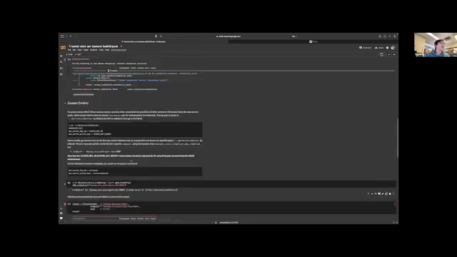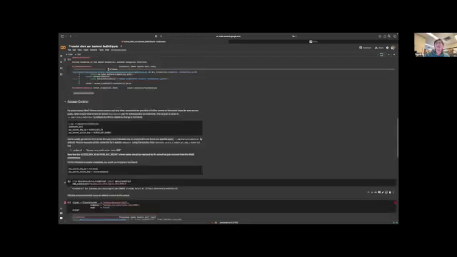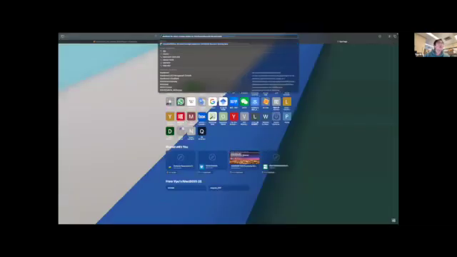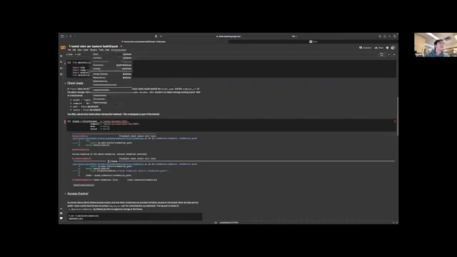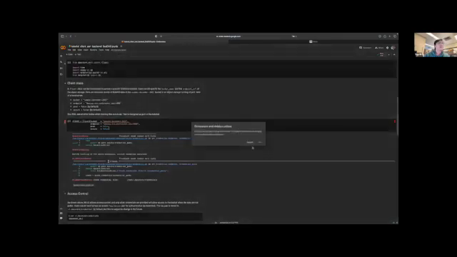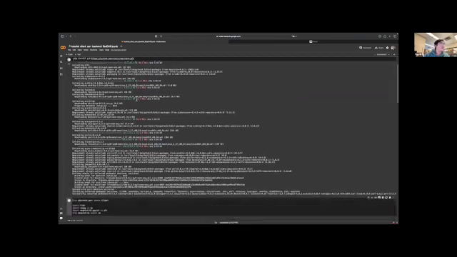Oh, I'm missing an S. Okay, let me restart it from scratch. I'm running out of time, but it's just basically rejecting me because I'm giving the wrong password.